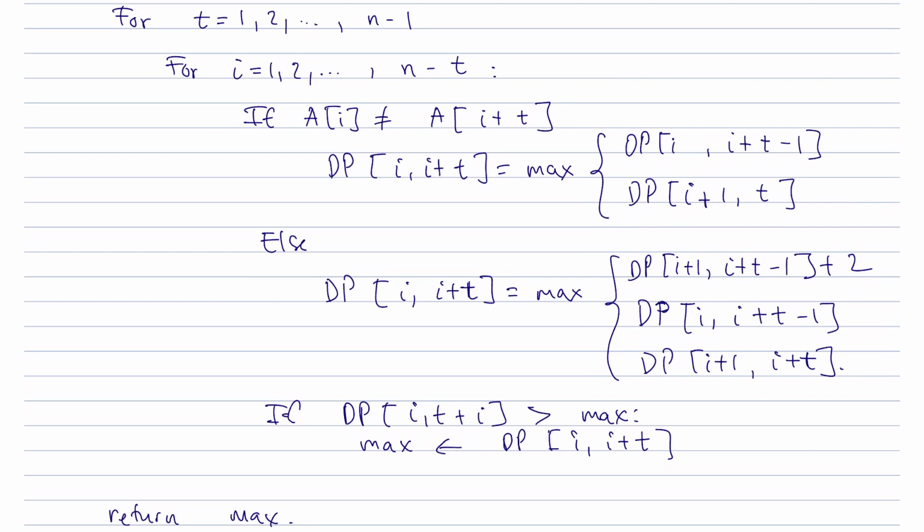Then we are looking at subproblems of smaller size: dp[i][i+t-1], dp[i+1][i+t], or dp[i+1][i+t-1], right? So these are the three smaller subproblems that have been computed in previous iterations.